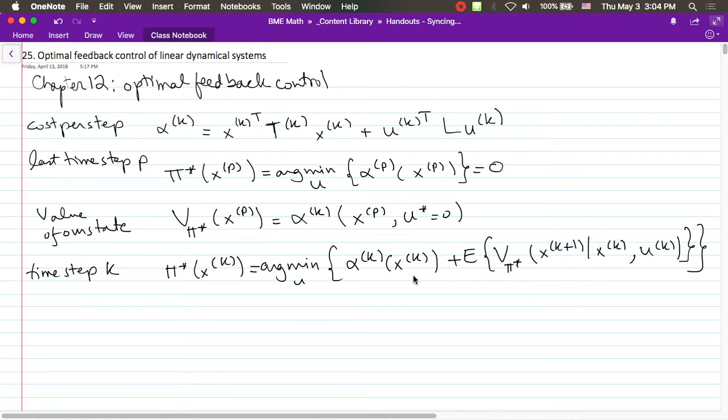So we assign a value to the state that we're going to go to. We just do it here, just like this. And then we find that command u that minimizes the sum.